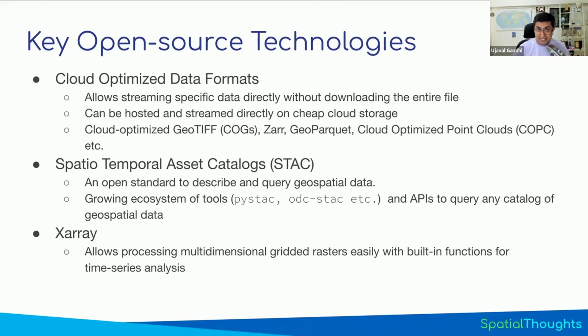That means if you have a time series of images, instead of working with these images individually, you can work with this whole time series as a single data set. Xarray is built on top of pandas and NumPy, and that means it's really, really fast, and you are able to do some operations which are orders of magnitude faster than the previous iteration of tooling.